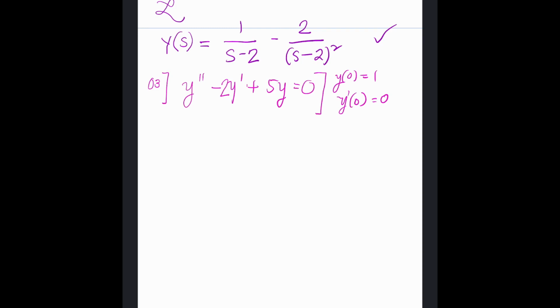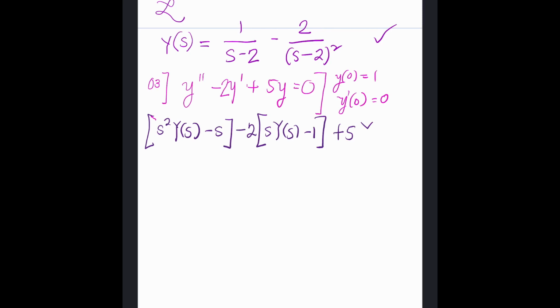So let's take the Laplace of this function. S squared Y of s minus s times y of 0, which is 1, minus y prime of 0, which is 0, then minus 2 times s Y of s minus 1, plus 5 Y of s equals 0.